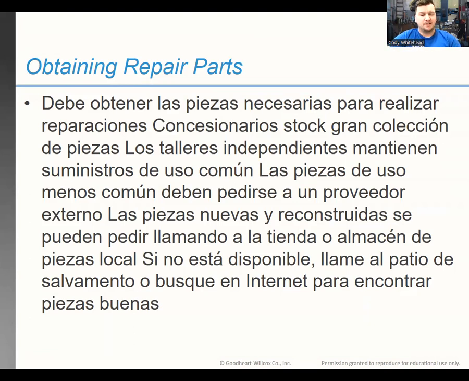So independent shops are going to use those parts stores to get their parts. Usually you're going to keep things like hose clamps and little universal things kind of on hand in the shop. The new and rebuilt parts can be ordered by calling a local parts store or warehouse. And if nothing's available at any of those places, you can always call a salvage yard or search the internet to find what you're looking for.